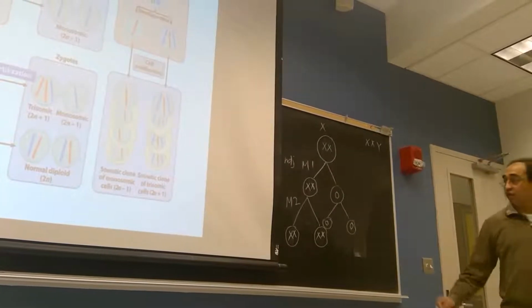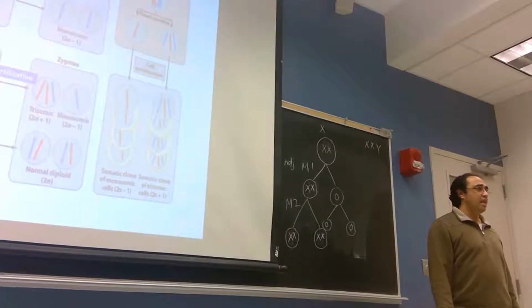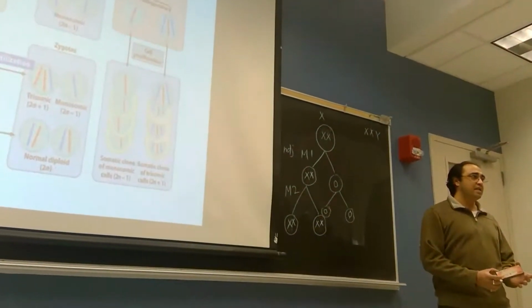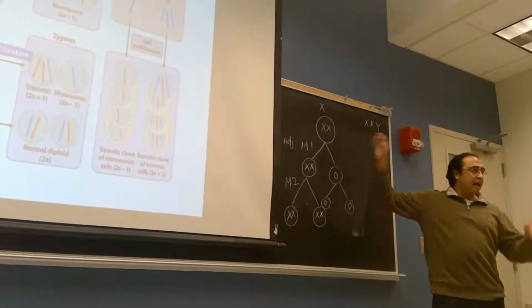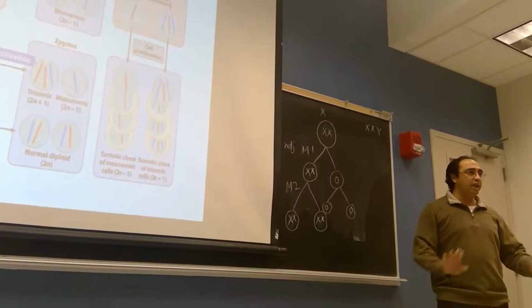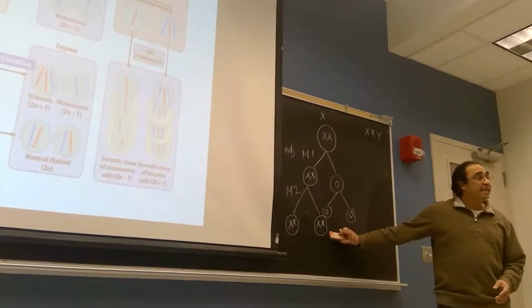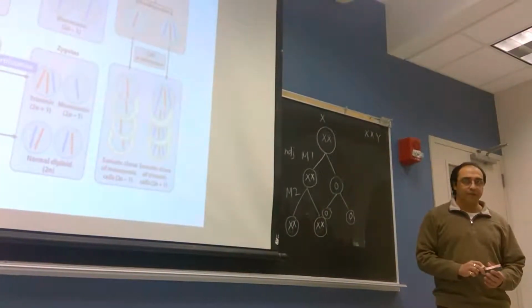XX, or single X or double X here? Double, because the first meiotic division is the halving of the chromosome, and the second meiotic division is just like mitosis. So we will have this abnormal gamete containing two X chromosomes.